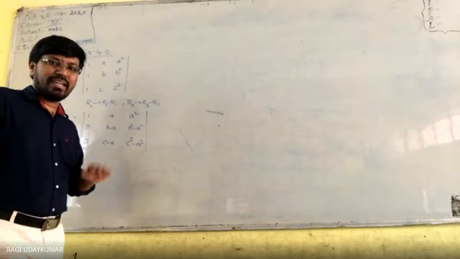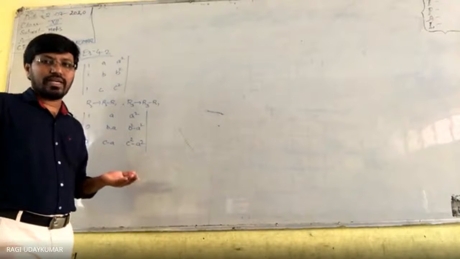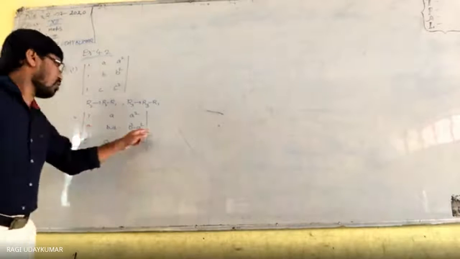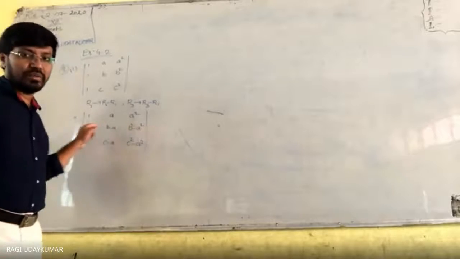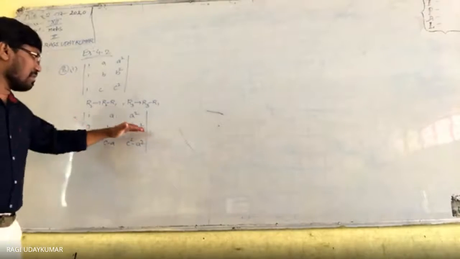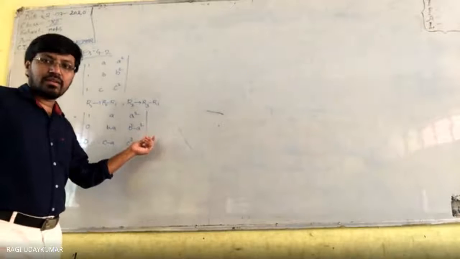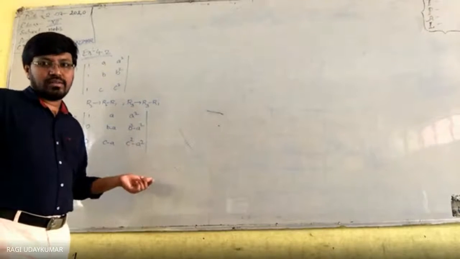Afterwards, we can convert a minus b into b minus a. If you are having minus, if you take the common, you will get it. So what you can take common from this is b minus a. B square minus a square is nothing but b minus a into b plus a.